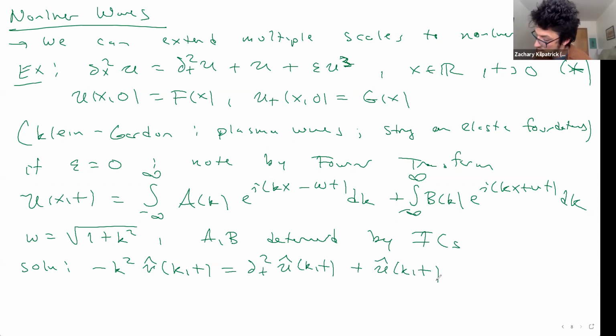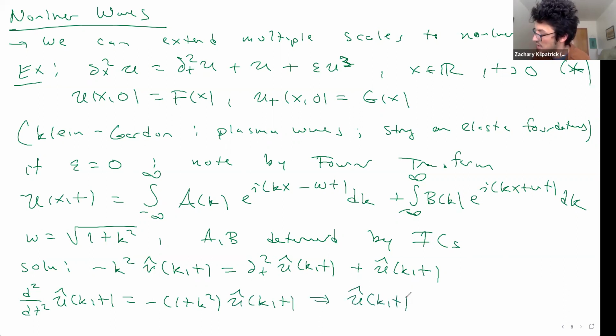And we can rewrite that as d squared/dt squared u hat(k,t) is equal to minus (1 plus k squared) u hat(k,t). So u hat of k,t is equal to some A e to the minus or plus omega of k t, which appears up here, where omega of k is equal to the square root of 1 plus k squared.